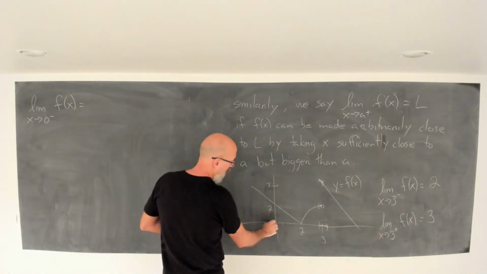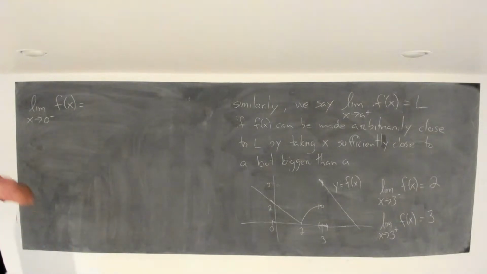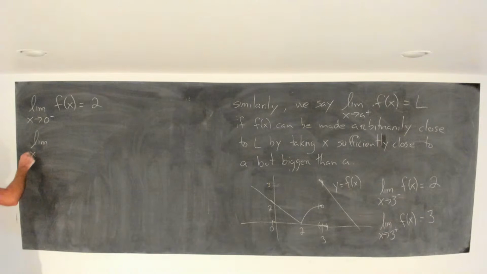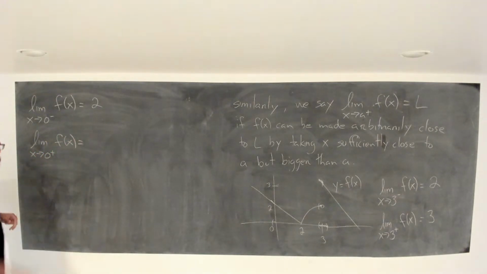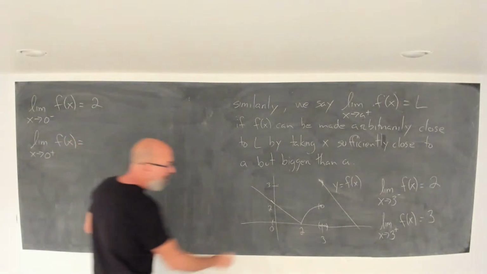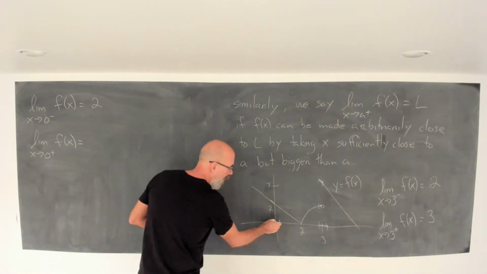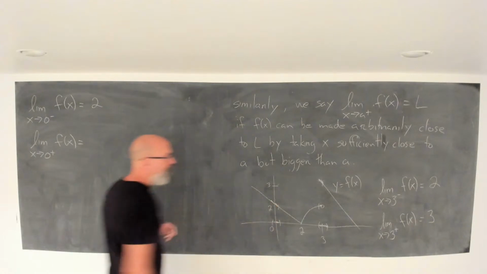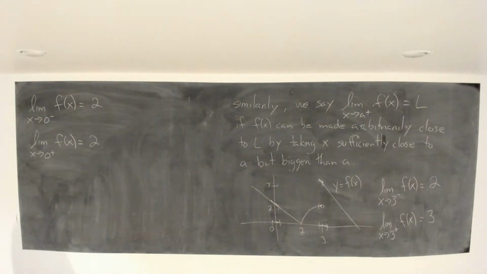If you are getting closer and closer to 0, but from numbers less than 0, the function is getting closer and closer to 2. What about the limit as x goes to 0 from the right? Still 2, right? You are taking numbers very close to 0 but bigger than 0. These are getting mapped somewhere here, very close to 2 as well. So the behavior is 2.